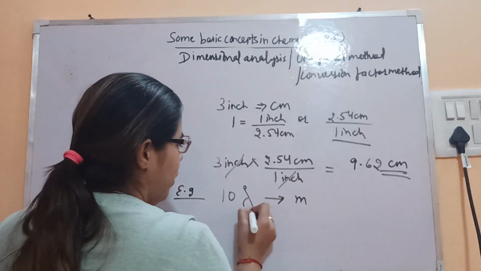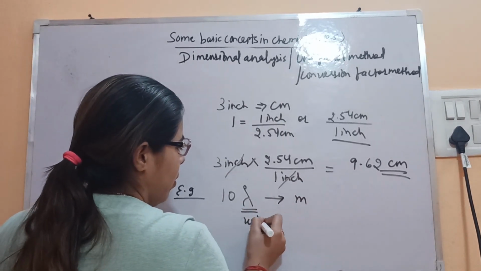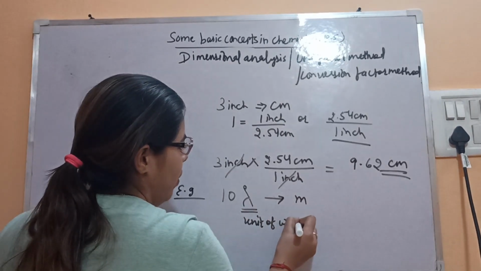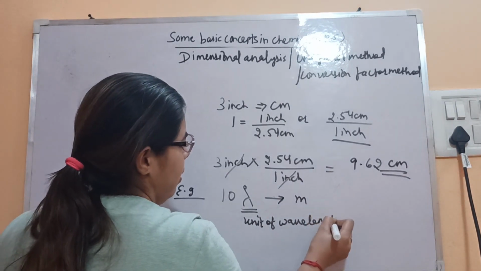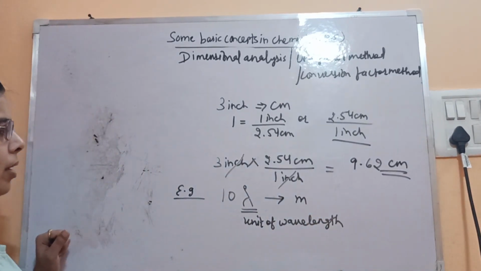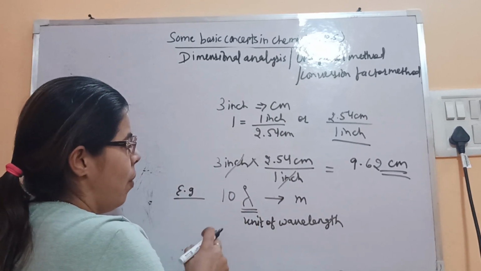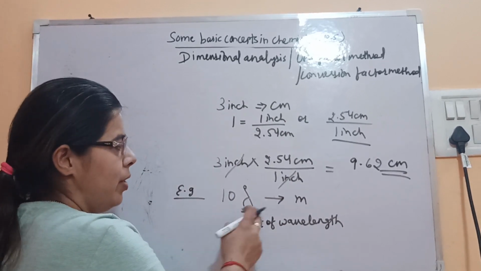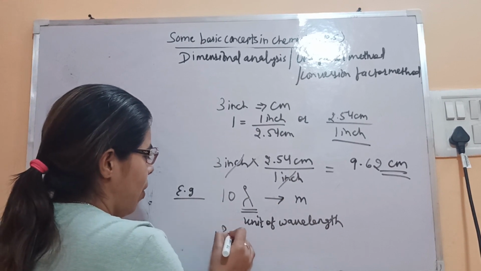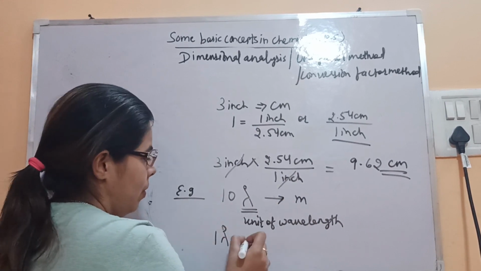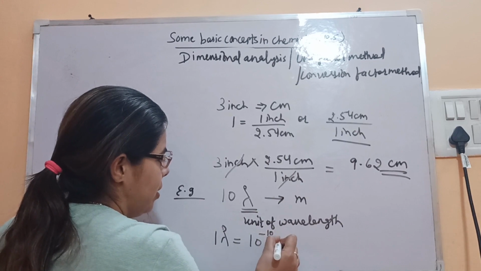Okay, this is the unit of wavelength. All of you know what is wavelength, and you have studied it in 9th standard in the sound chapter. Fine. So what's the conversion factor? How is this angstrom related to meter? So 1 angstrom is equal to 10 to the power minus 10 meter.